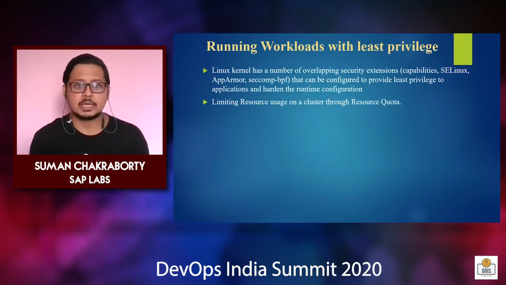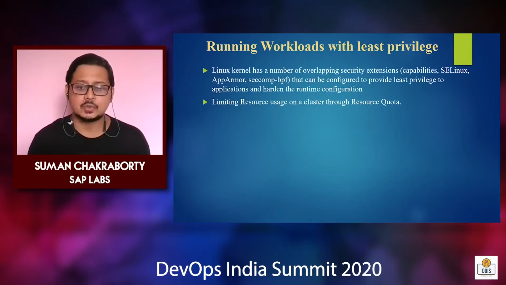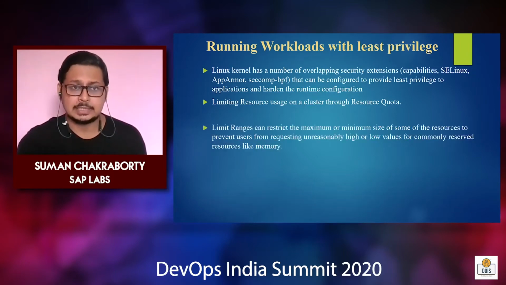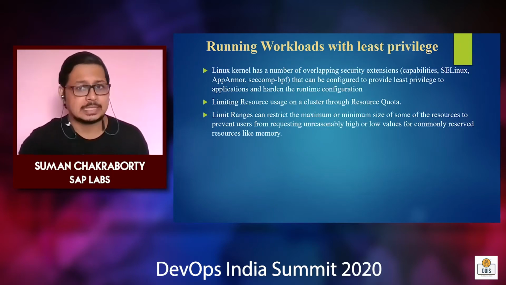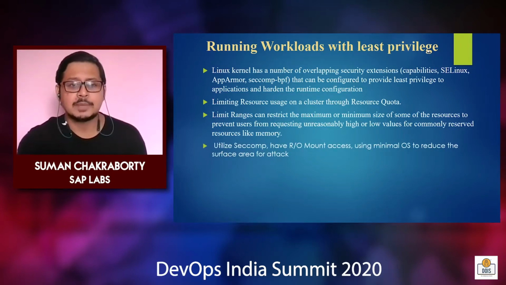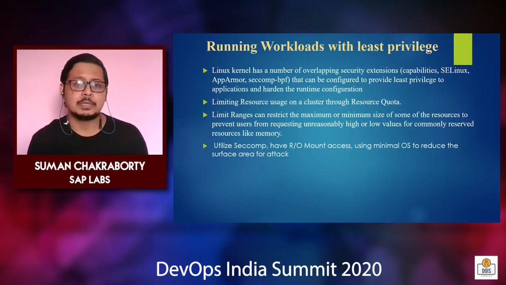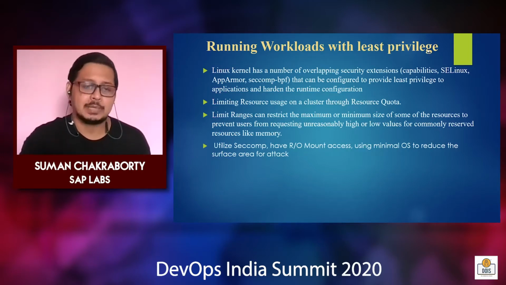That is all about that. And also you can use the service request and limit feature to limit the amount of resources that your user can use, and that is already defined through the resource quota. You utilize seccomp, have read-only mount access and minimal, and use a stripped down OS to reduce the surface area for attack while deploying the application.